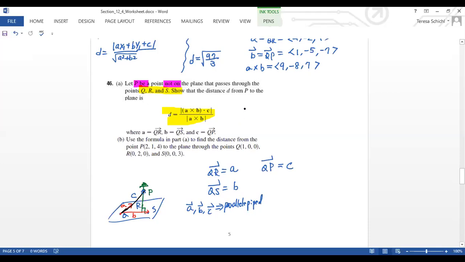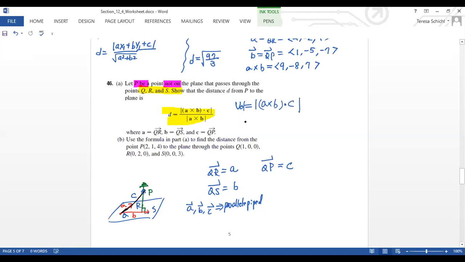Now we know from the lecture series earlier that the volume of the parallelepiped is A cross B dot product C. That's right.